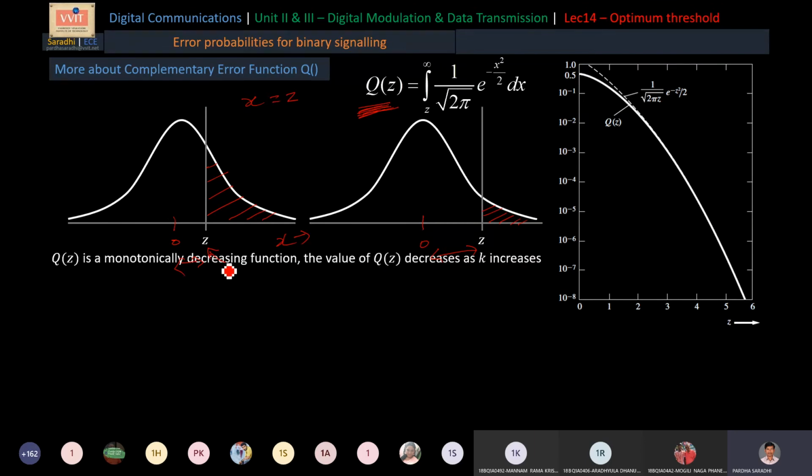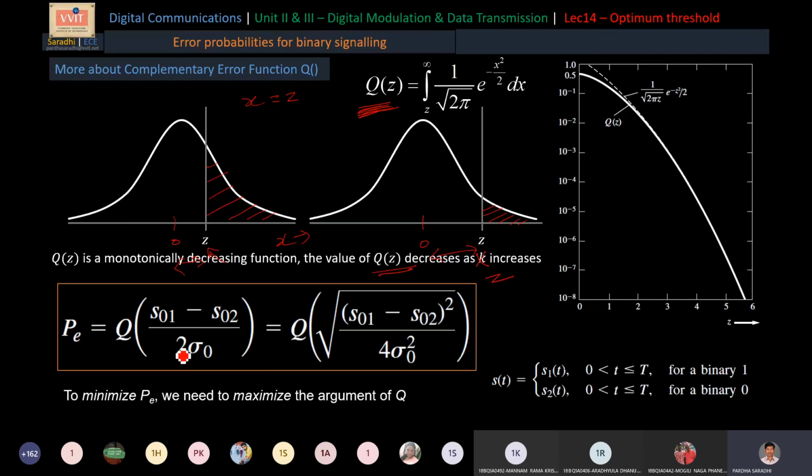It is a monotonically decreasing function. The value of Q(z) decreases as z increases. Sorry, this is not k, this is z, right?